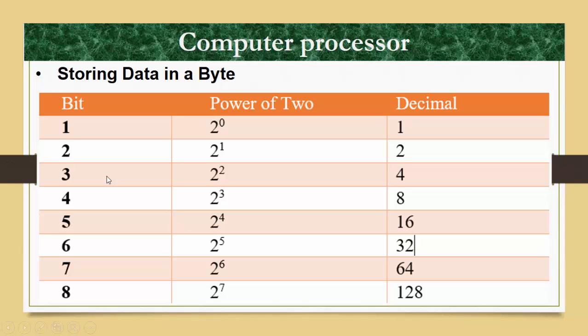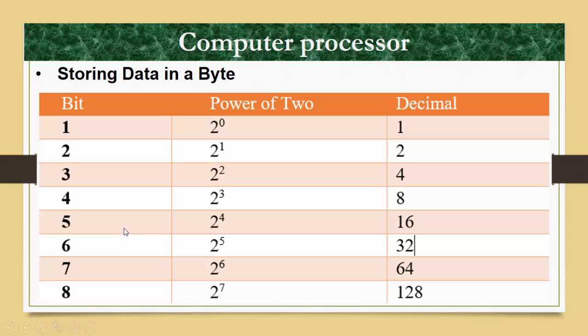The third bit has a value 2 power 2, equal to 4 in the decimal number. The fourth one has a value 2 power 3, equal to 8 in the decimal number.